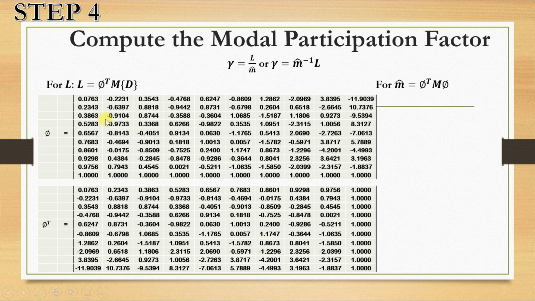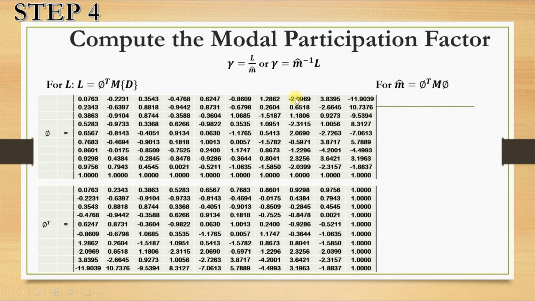Dito na. So para makuha naman natin yung transpose of the mass mode shape matrix, kailangan natin baliktarin ito. So itong row na ito magiging column natin. So halimbawa, yung row na ito magiging column natin dito.